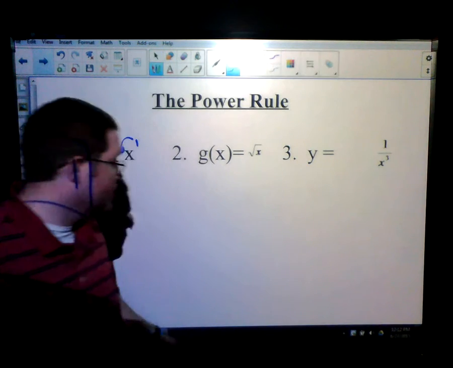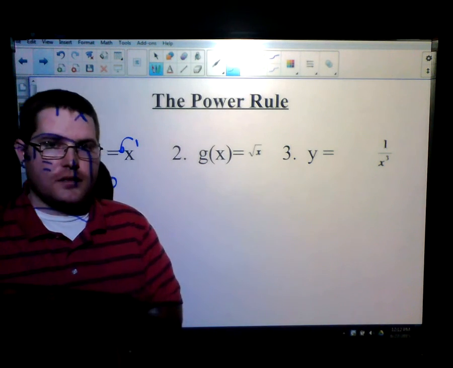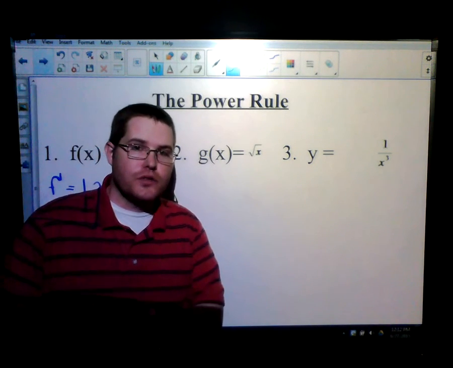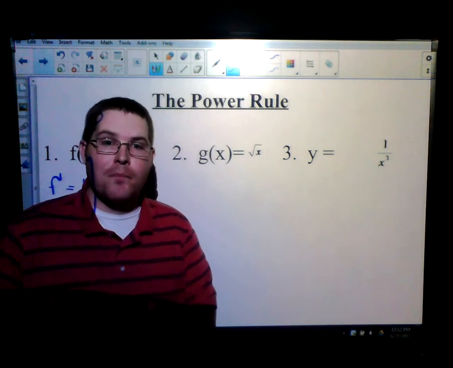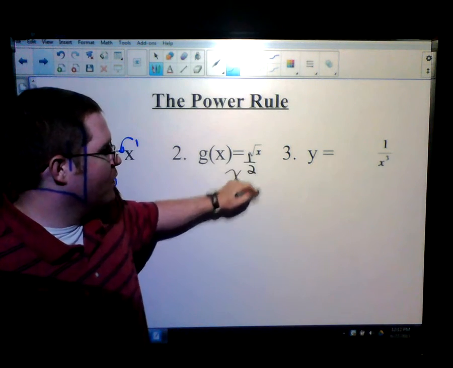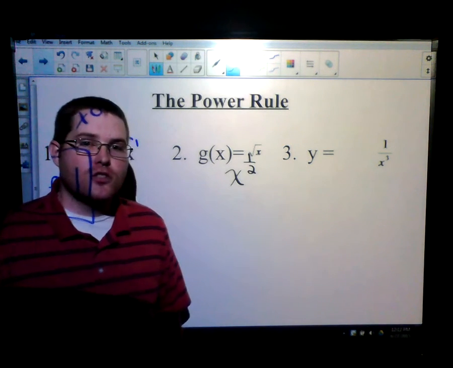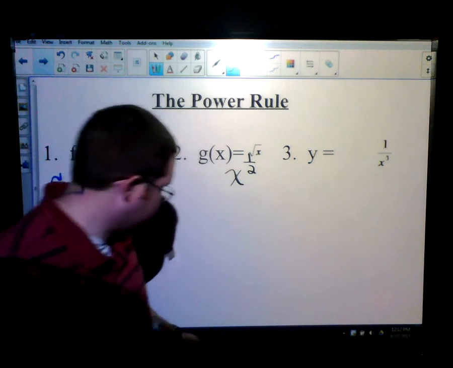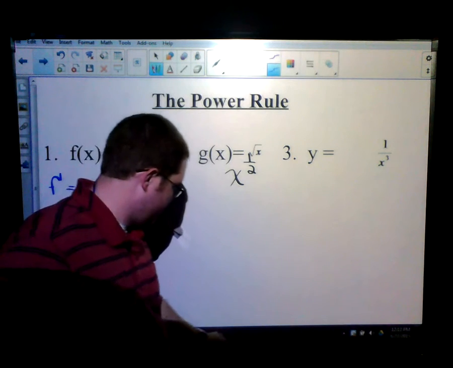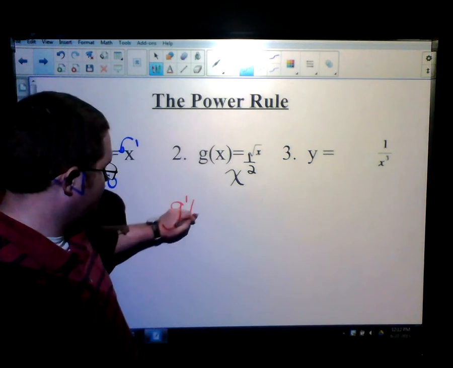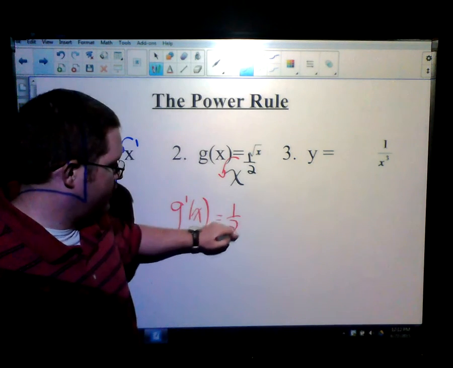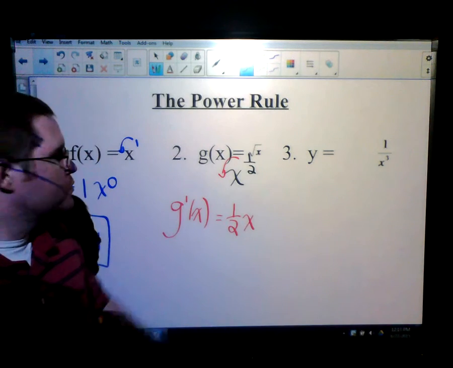Let's take a look at the second one. I hate the way this problem is written because there's not a power on it. It's a square root. But a long time ago, I taught you guys how to turn roots into powers. Remember, it's power over root. This is x to the 1/2 power. Knowing that makes this problem so much easier if you know how to do fractions. So the derivative, well, let's use red just to be different. G prime equals, take the power, put it in front, 1/2 x to the, subtract 1.